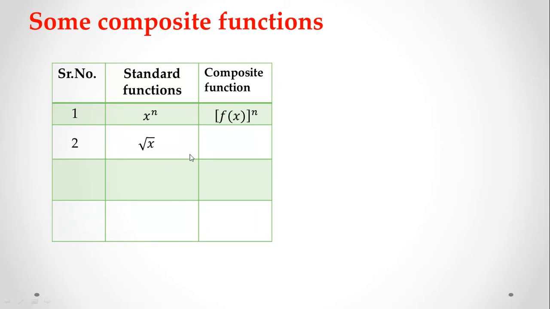Then the second one, if it is root x, then the composite function is root of f(x). What is f(x)? f(x) is a function of x. So root of f(x) is a function of a function. So that's why it is a composite function. So try to remember like this.